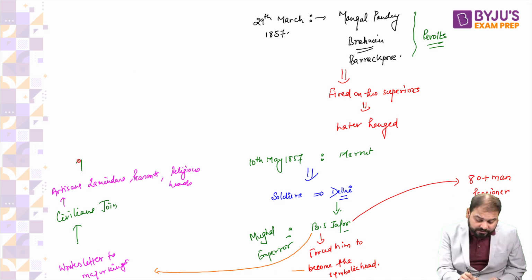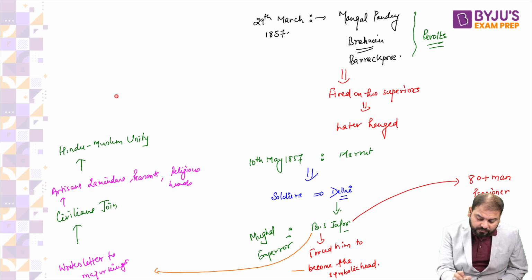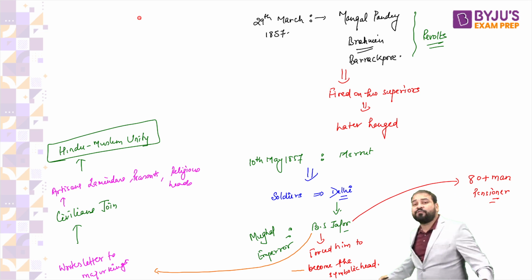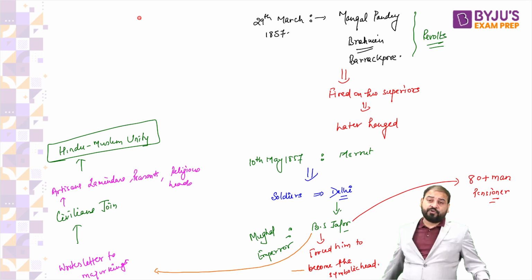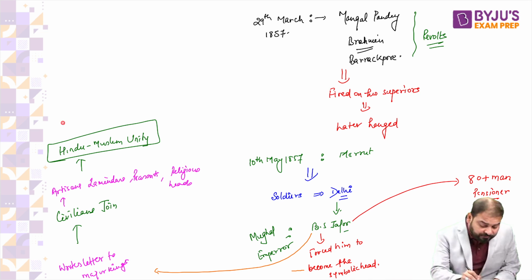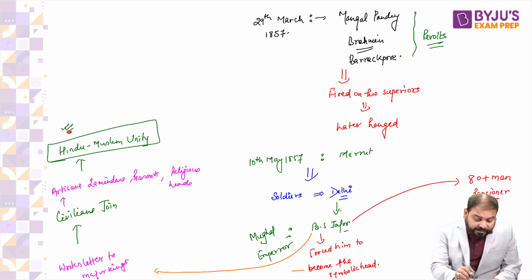The peculiar thing is the Hindu-Muslim unity. Everyone, the highlight of this revolt is the Hindu-Muslim unity. Wherever the revolt has happened, the Hindus and Muslims were totally united. Totally, they were working together.